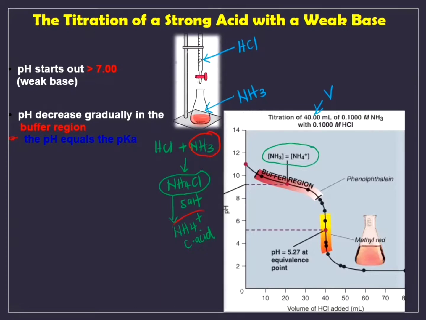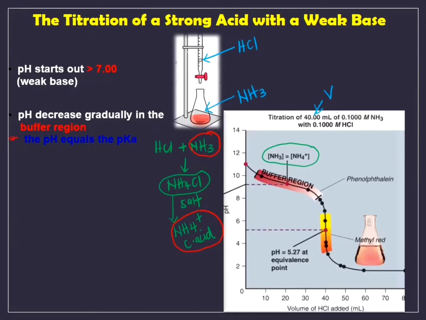So NH4+ ni adalah conjugate acid. So bila NH4+ bertemu dengan NH3, wujud apa kelas? Yes, weak base bertemu dengan salt dia, di mana dalam salt tu ada conjugate acid of weak base. So this is buffer solution. So that's why before equivalent point, the buffer solution muncul dekat situ kelas.